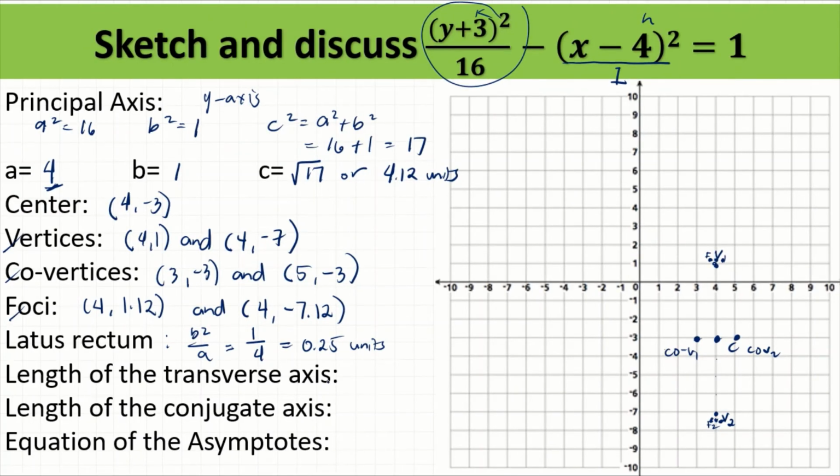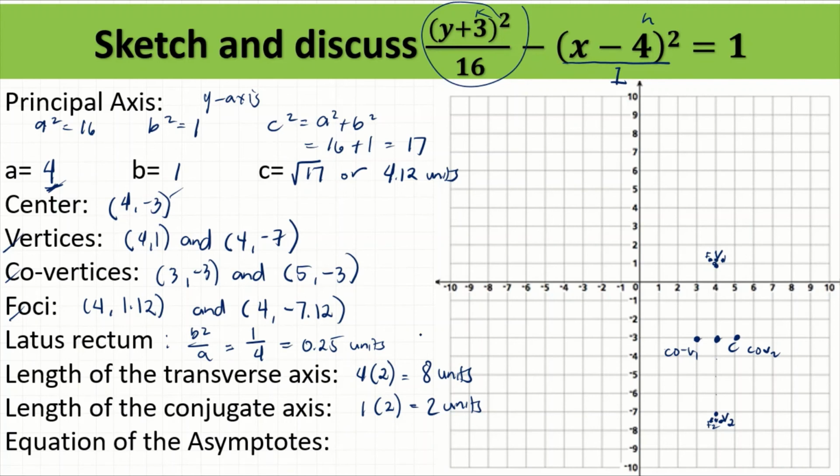Okay, and then length of the transverse axis, we have 4 times 2 is equal to 8 units. Length of the conjugate axis, that is 1 times 2 is equal to 2 units. Okay, dodoblehin mo lang yung a and b.